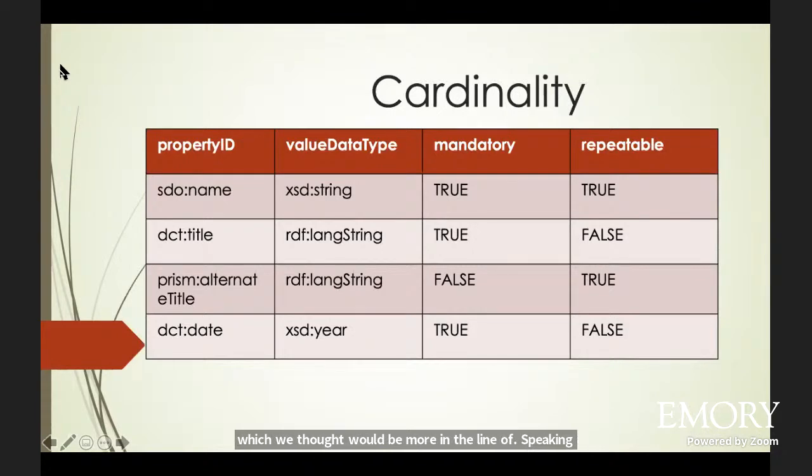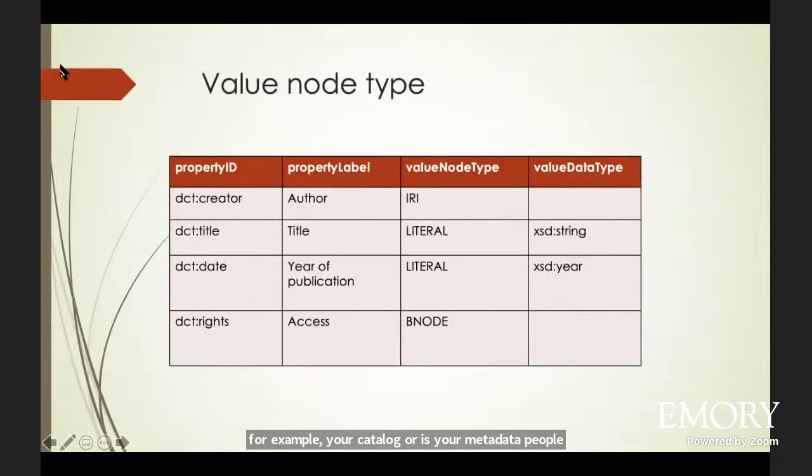We wanted this to be usable and understandable by folks who don't actually code, so that, for example, your catalogers, your metadata people, could express themselves in this table. Now, something that is very RDF-y is this value node type.